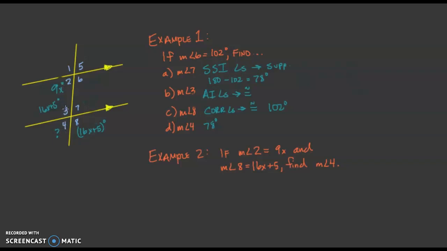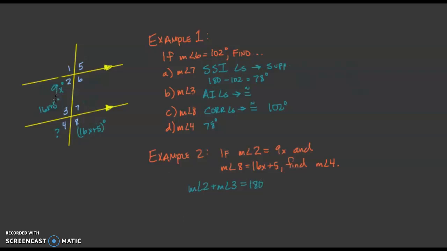But first, in order to find those angle measures, I would have to figure out what x is. And then I could substitute that value of x into one of these expressions to figure out an angle measure. So let's look at the fact that we just said that the measure of angle 2 plus the measure of angle 3 needs to add up to 180.